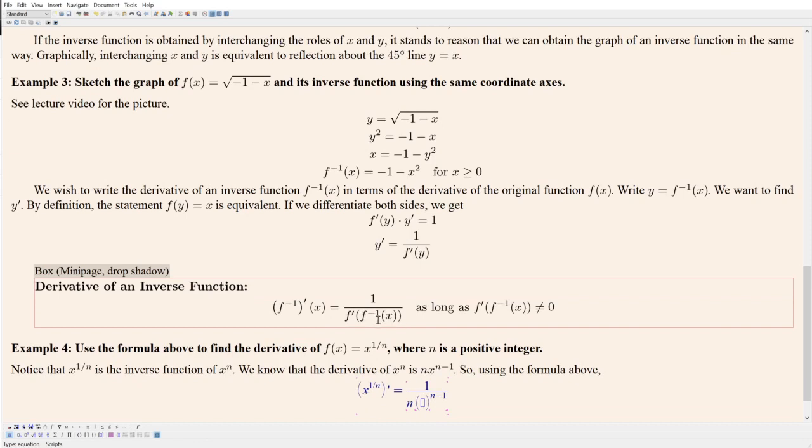So we are composing the inverse function in the derivative. The inverse function is x to the 1 over n. So we are composing the inverse with the derivative of the original thing.